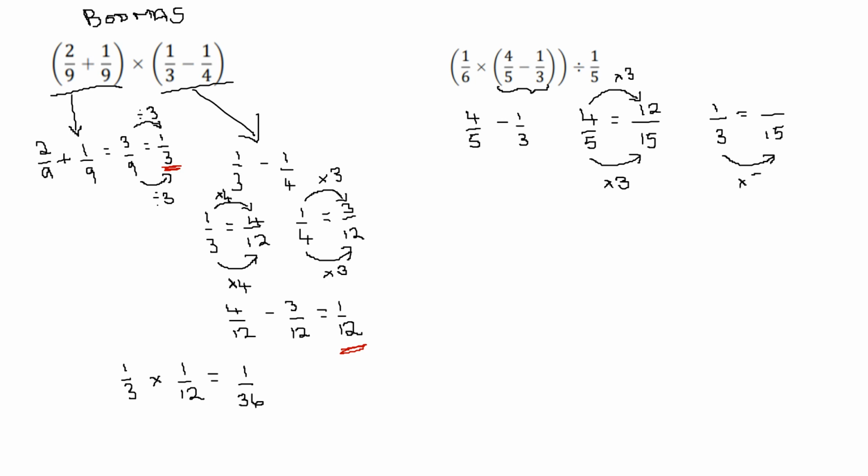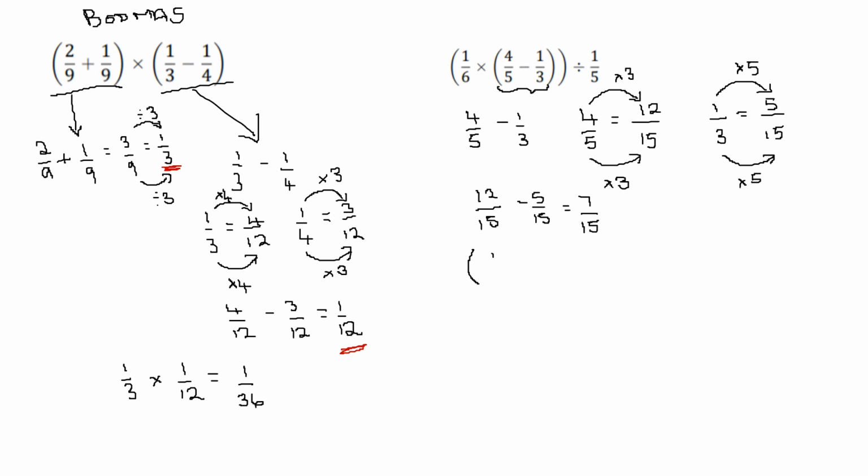So I need to multiply both the denominator and the numerator by 5, and that's going to give me 5/15. So I now have 12/15 take away 5/15, and that's going to give me 7/15.